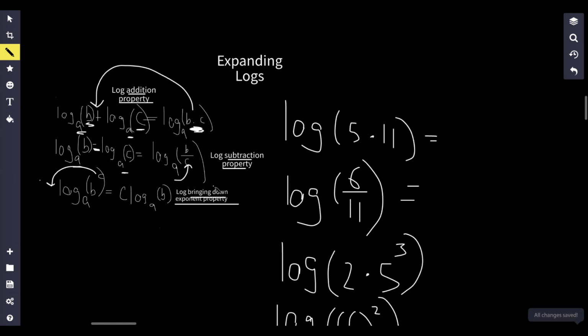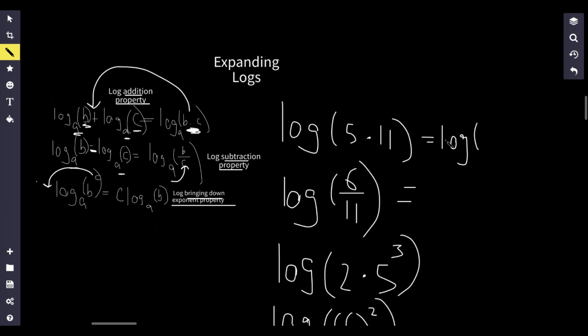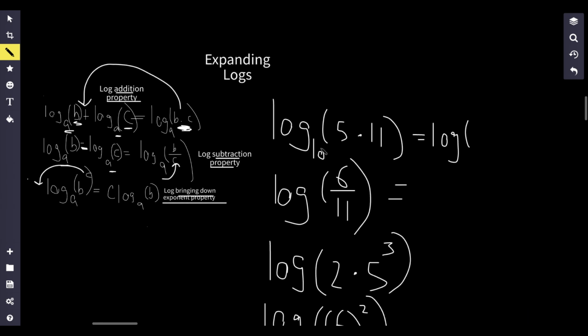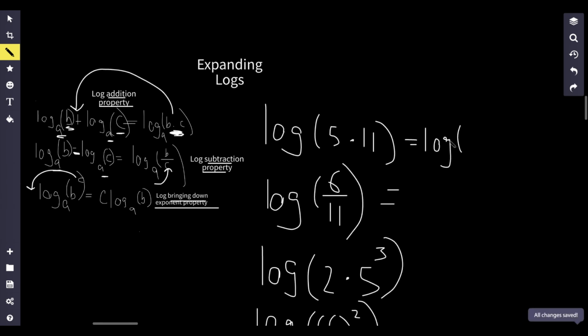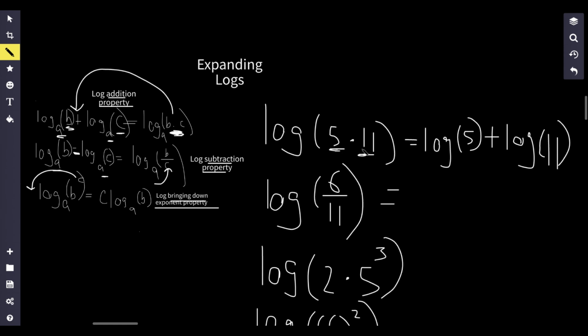So it's going to be log base 10 of 5 plus log base 10 of 11. You just split it up into the two factors.